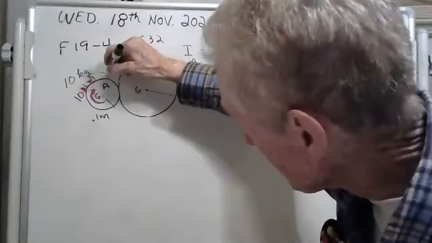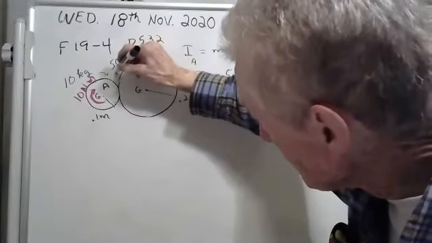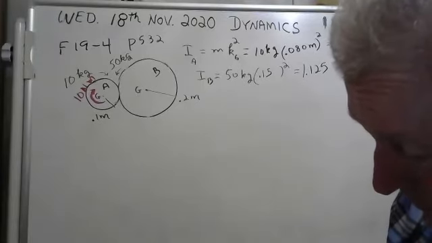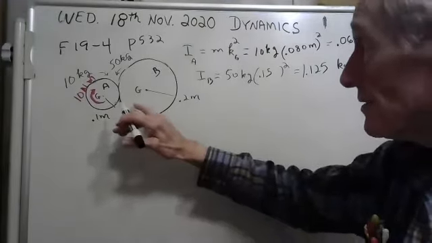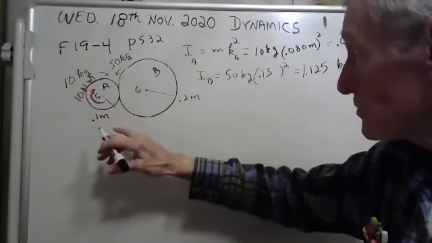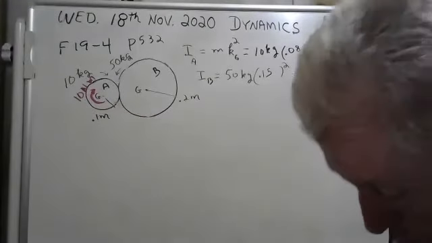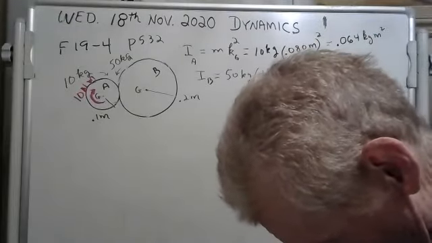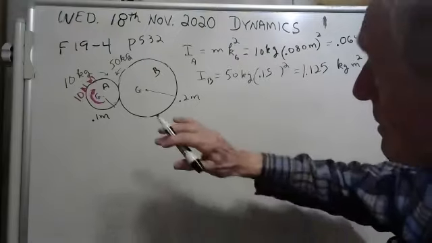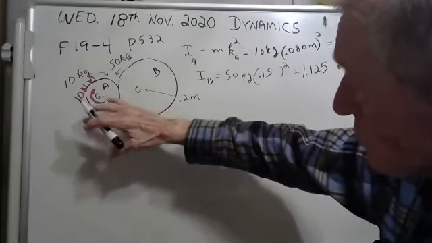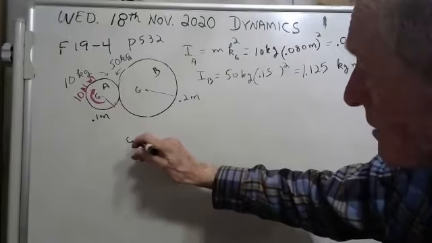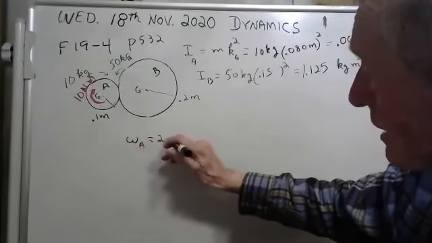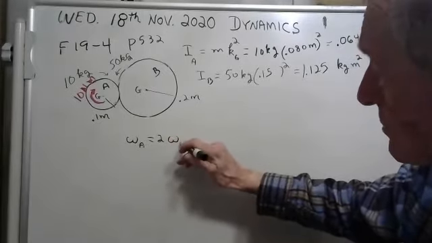This gear is going to spin clockwise, but this gear is going to spin counterclockwise. Now, since they have different radii, this one will spin faster. In fact, this will spin twice as fast. The omega of gear A will be 2 times the angular velocity of gear B.